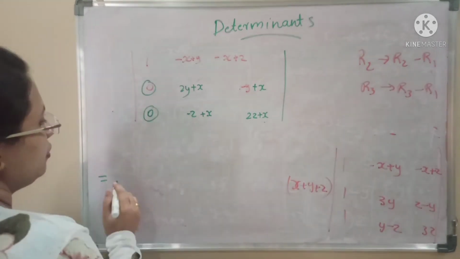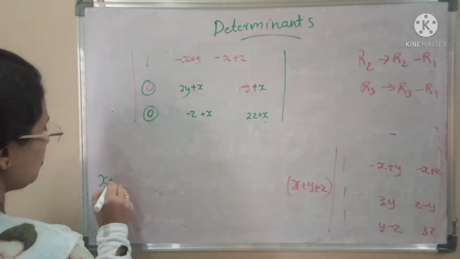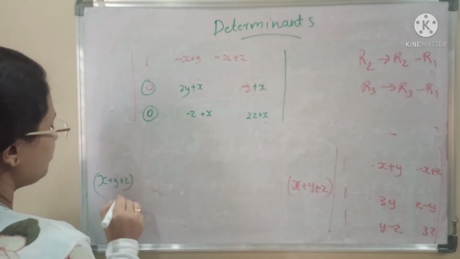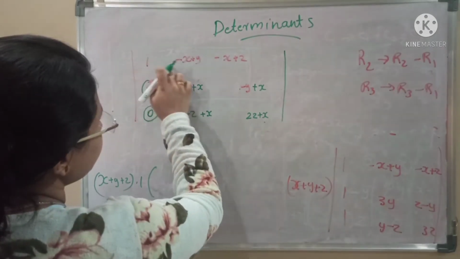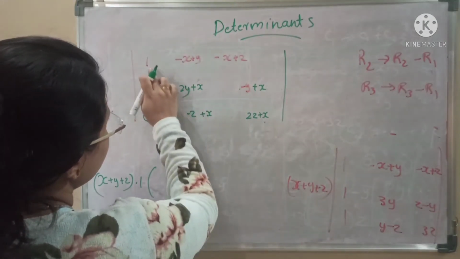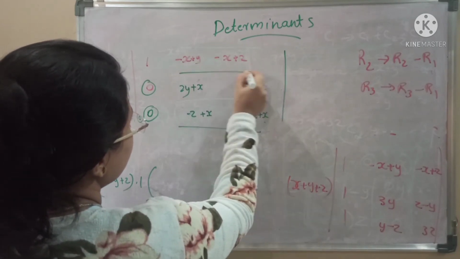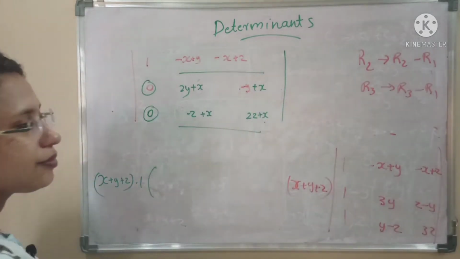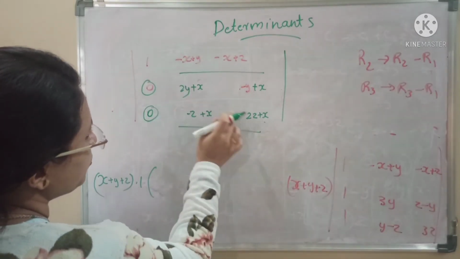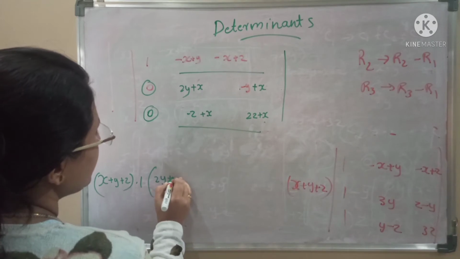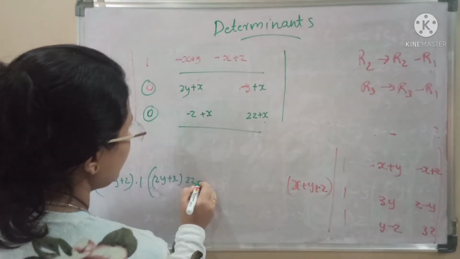Just take 1. Before, we have x plus y plus z outside, 1 into. So if we consider 1, we will avoid these two, we will only take these. So 1 into 2y plus x into 2z plus x.